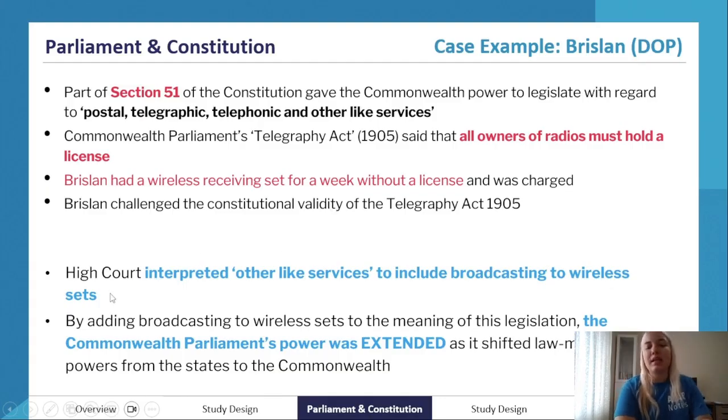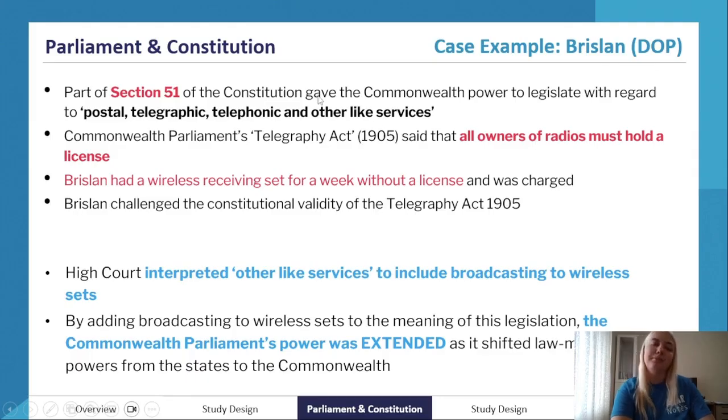Here we can clearly see that the scope of this legislation was expanded because they took other like services to mean a very broad term referring to any technology that comes along in the future. Okay?